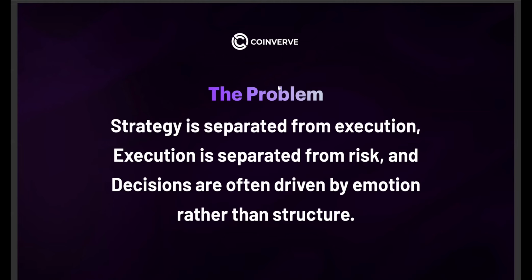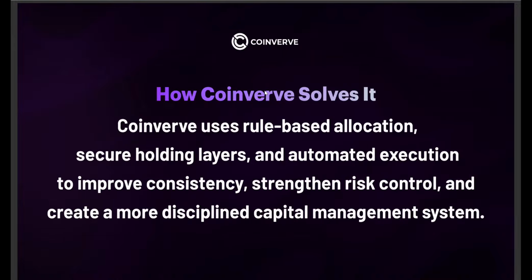Now, the reason this matters is because if you look at how most people participate in the markets today, you'll notice a clear gap. The strategy is separated from execution, which is separated from risk, and decisions are often driven by emotion rather than structure. Coinverve addresses these challenges by introducing a structured capital framework.